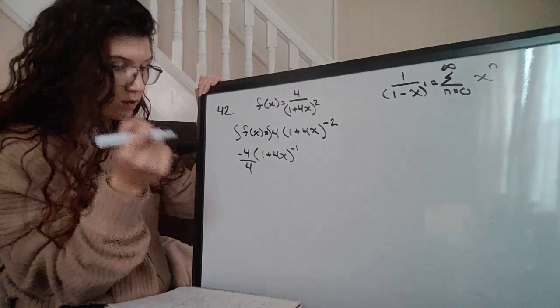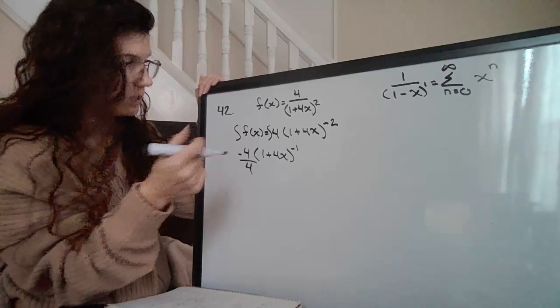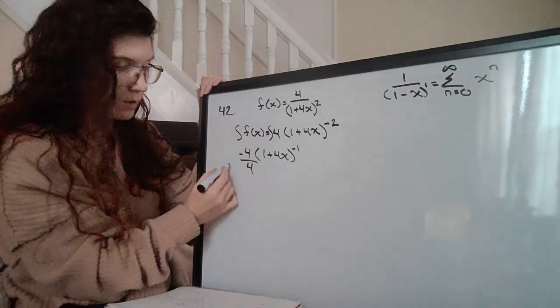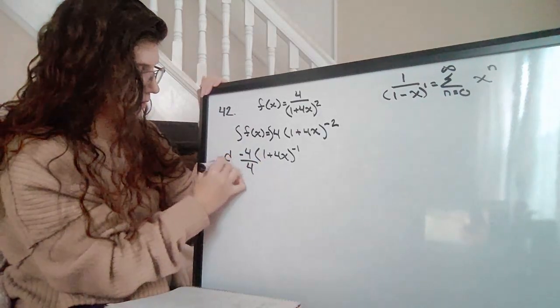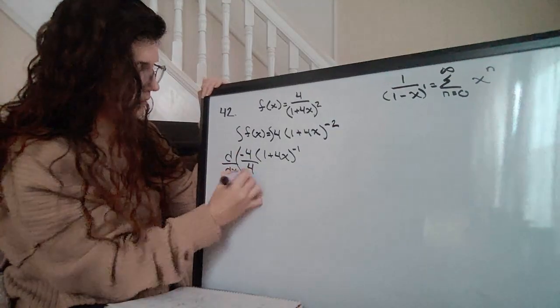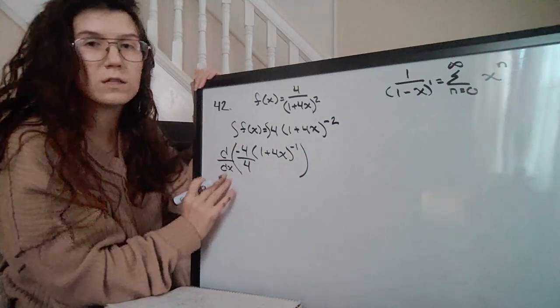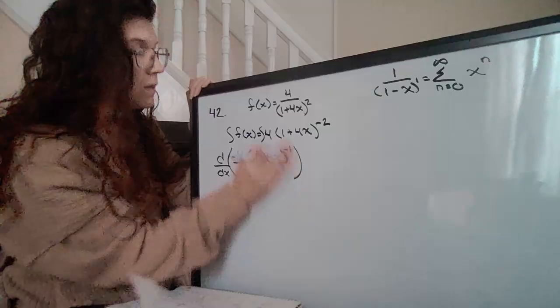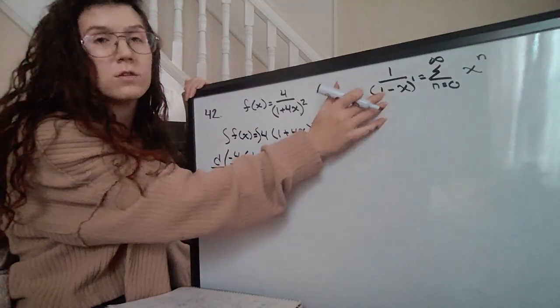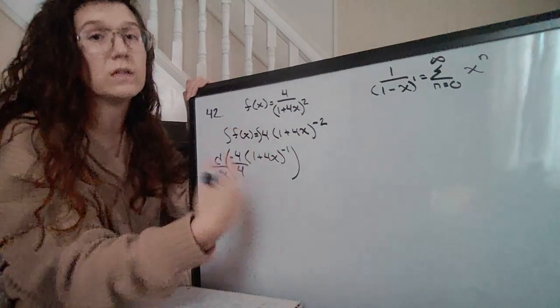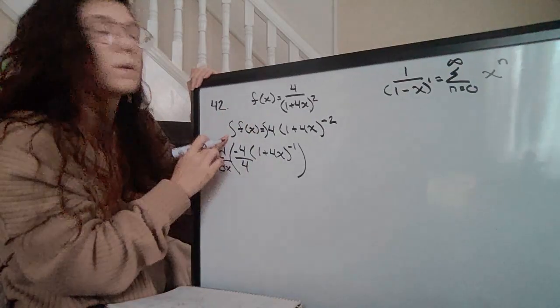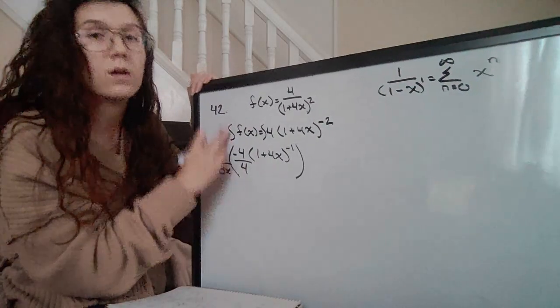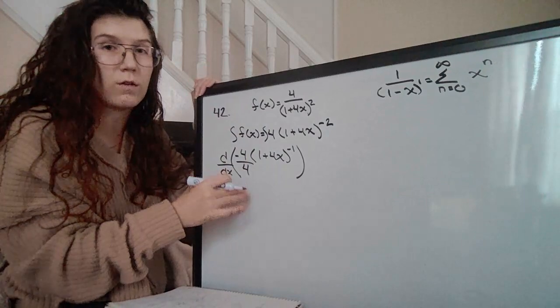So how she writes this is she says the integral of this is going to be this guy, and she includes this d dx as a reminder that once we get it into our series form, we are still going to need to take the derivative, because we started by taking the integral.